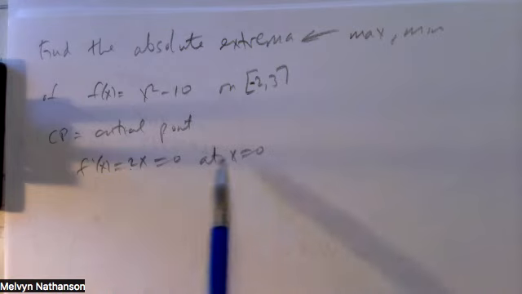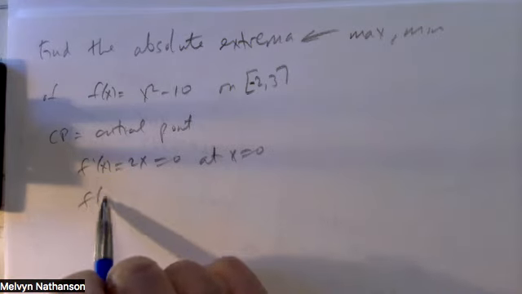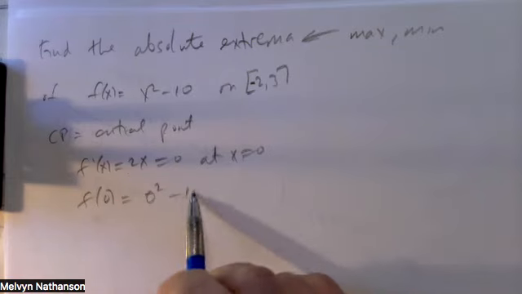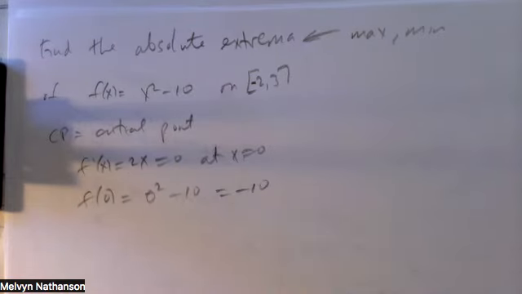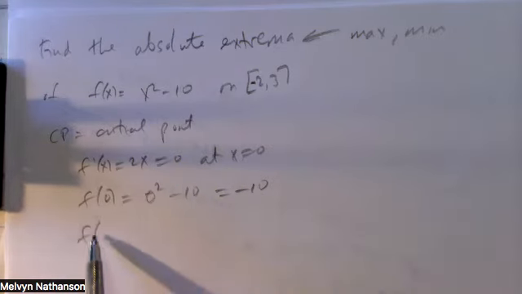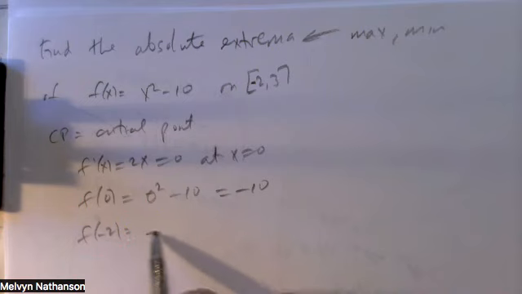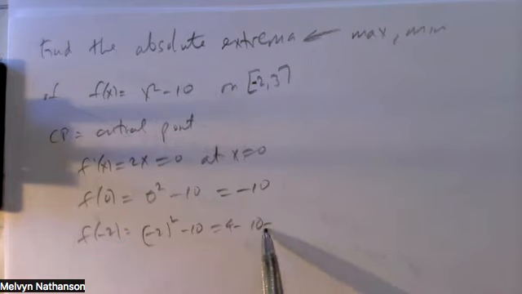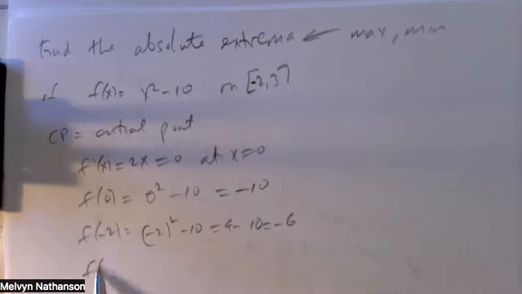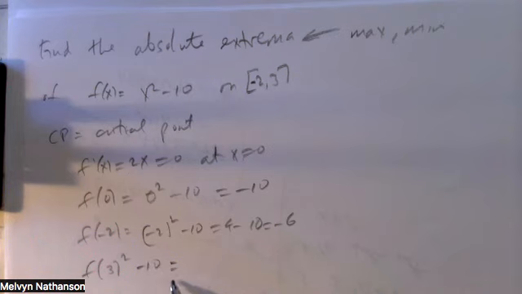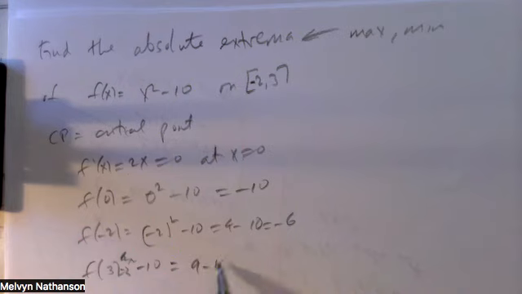The derivative is 0 only at x equals 0, and the value of the function at 0 is 0 squared minus 10, or minus 10. And what's the value of the function at the endpoints? f at minus 2 is minus 2 squared minus 10, which is 4 minus 10, is minus 6. And f of 3 is 3 squared minus 10, is 9 minus 10, or minus 1.